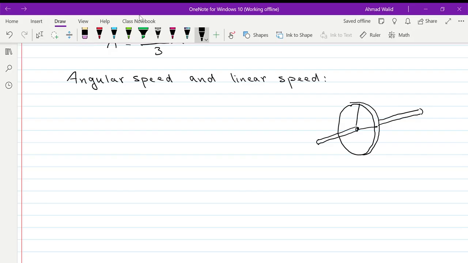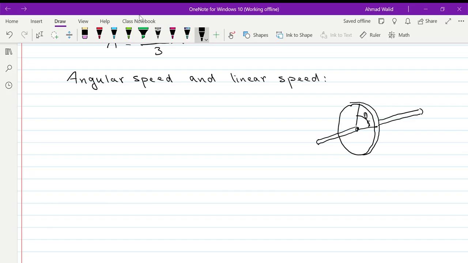It's rotating. When it rotates, in a positive rotation, it creates an angle, theta. Correct?